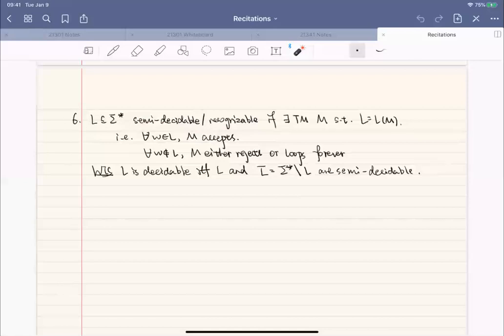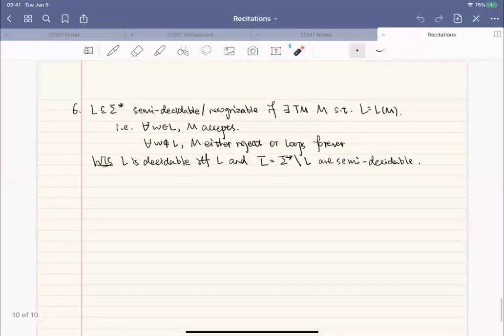In other words, for all strings inside the language, the Turing machine M is going to accept. And for all strings not in the language, M either rejects or it loops forever.